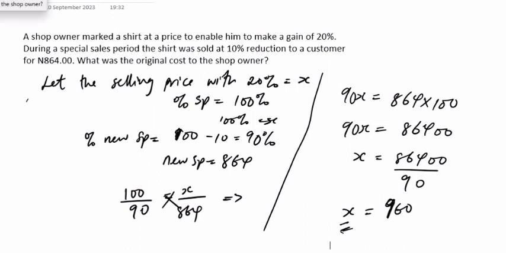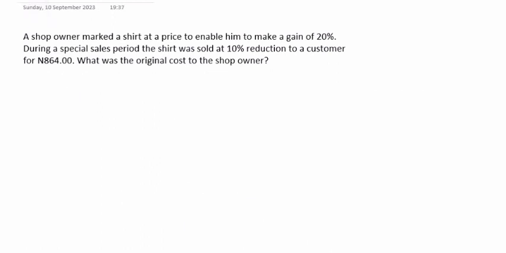We need to clean this board. So now, the price with 20% equals 960 from what we have gotten so far. In order to find the actual amount, this price is with 20%, right?